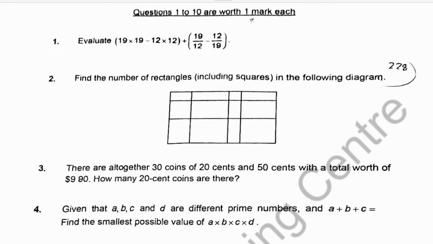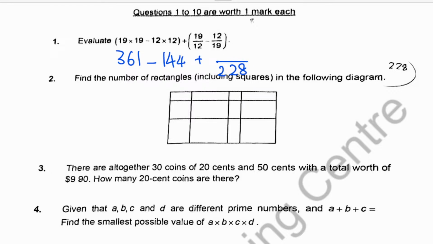Okay, I'll be going through the NMOS paper. For question 1, we want to evaluate 19 times 19 minus 12 times 12 plus 19 over 12 minus 12 over 19. We take 19 times 19, which is 361, then 12 times 12, which is 144. To combine these, you make a common denominator, which is 12 times 19, that becomes 228.